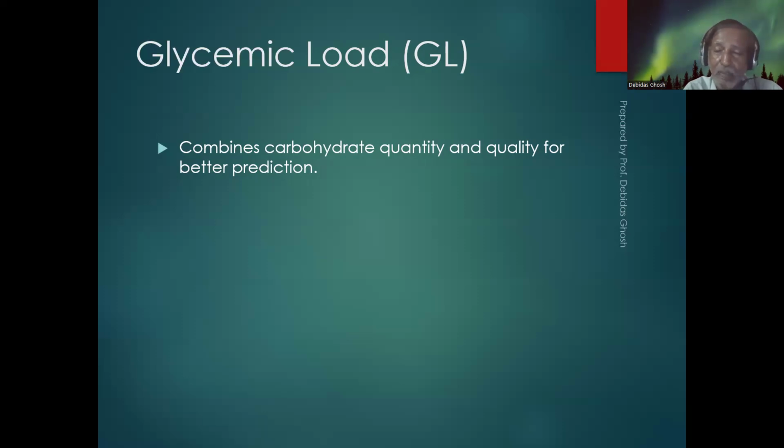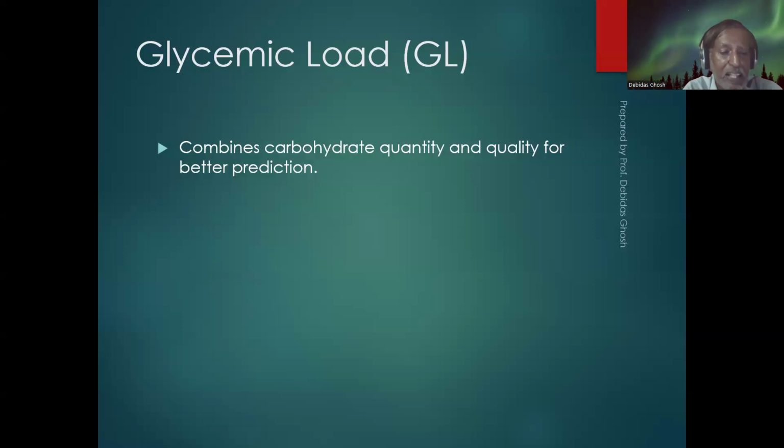So the glycemic index is compared with pure glucose, the rate of blood glucose elevation compared to pure glucose. And glycemic load is the product, that is the multiplication, of glycemic index by grams of available carbohydrate per serving divided by 100.